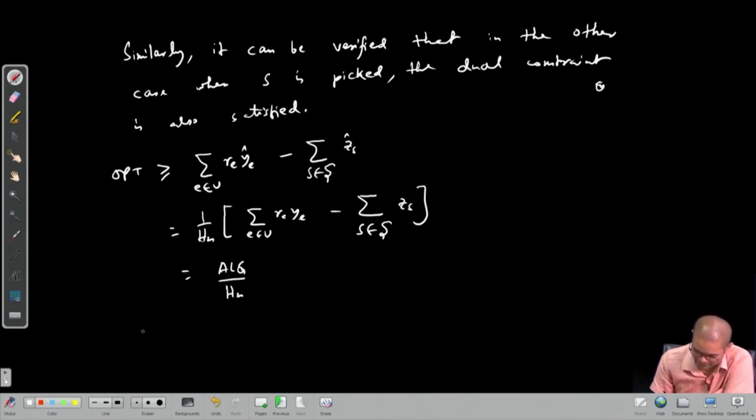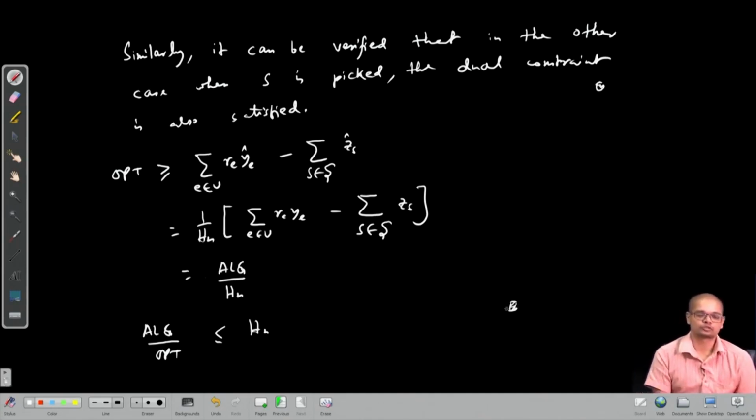So we have ALG by H_n is less than or equal to OPT. Sorry, ALG by OPT is less than or equal to H_n. So hence we have an H_n factor approximation algorithm. Okay, so let's stop here for today.